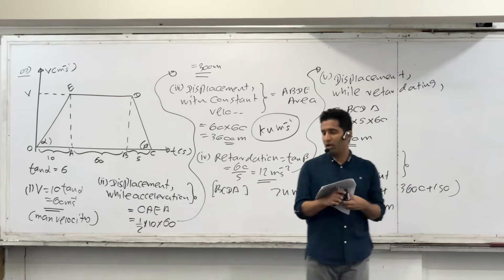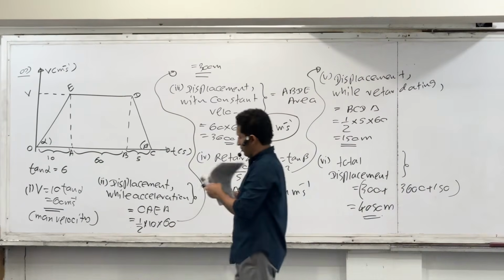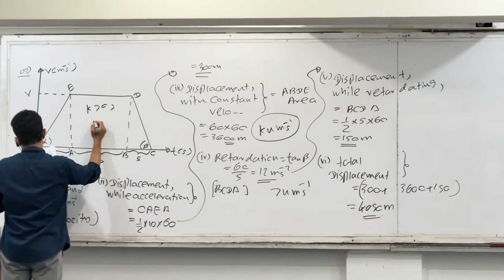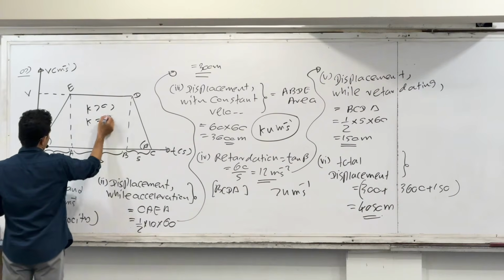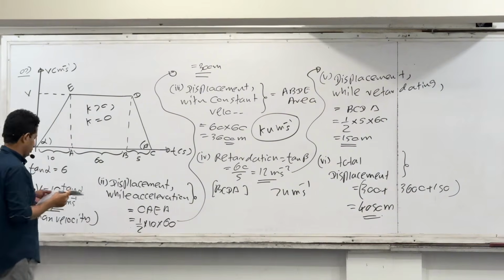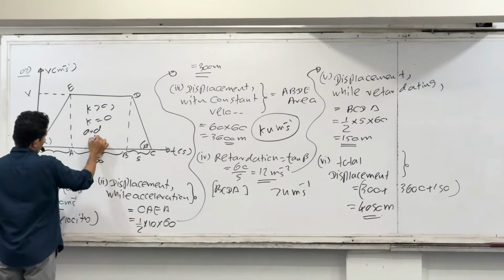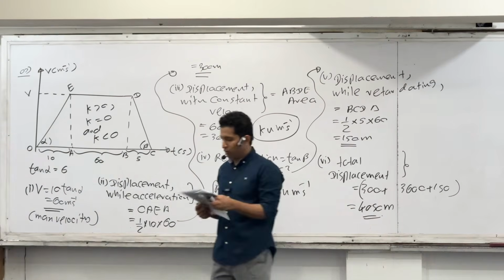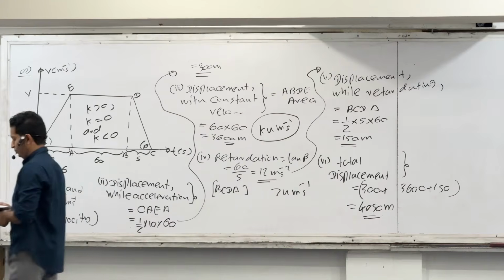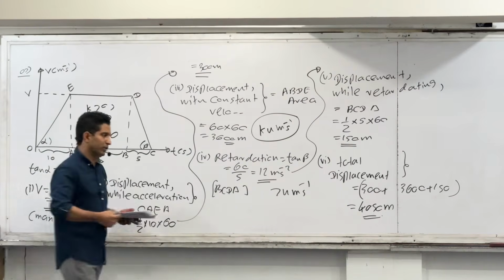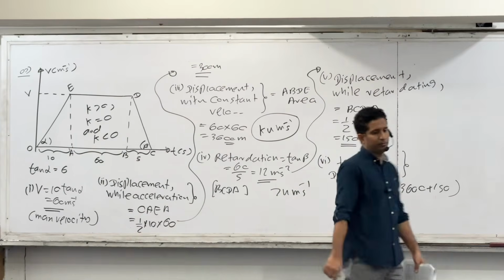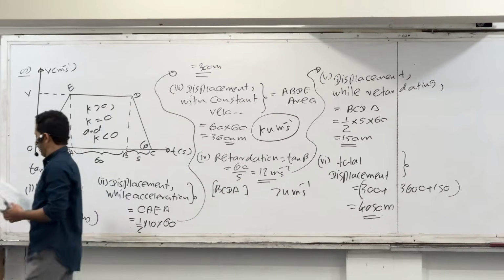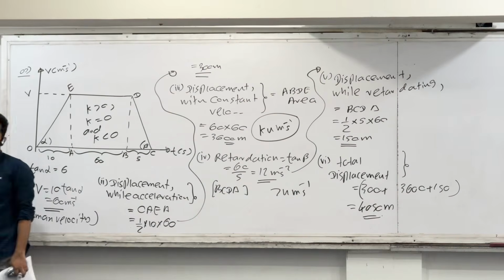If k greater than 0, k equals 0 and k less than 0, draw the velocity-time graph for the motion separately.